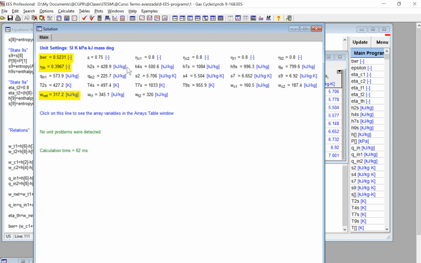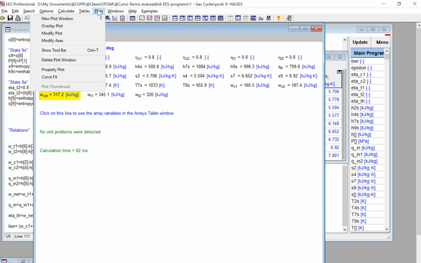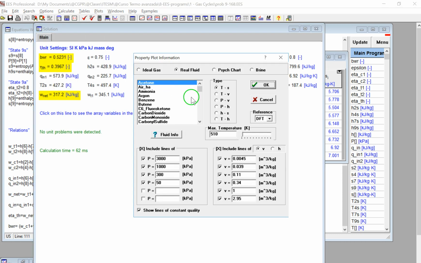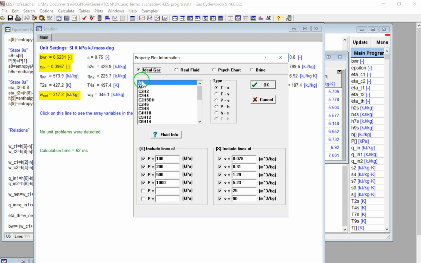Okay, so finally, what we're going to do is plot this in a diagram. We're going to make a property plot. We would like to plot ideal gas, air, and let's do a TS diagram. In a TS diagram, I will choose 3 different pressures to show.